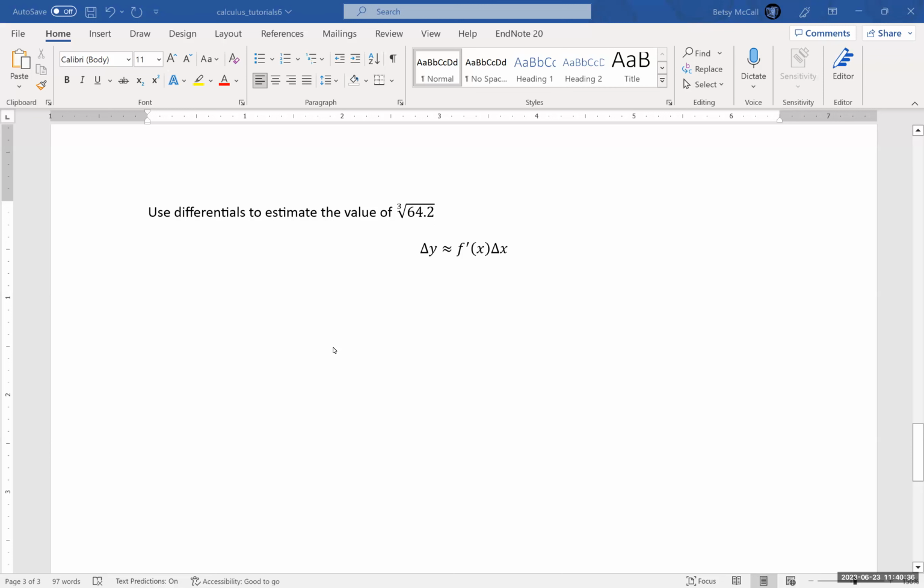Another aspect of this particular kind of problem that can be sometimes a little confusing for students, and I know I found it confusing when I was taking calculus, was that they don't really give you all the information directly. In some versions of these linear approximation problems, they'll be really explicit about this is the function and this is the value you're going to estimate your linear approximation from, and then you're going to use it to estimate this particular value.